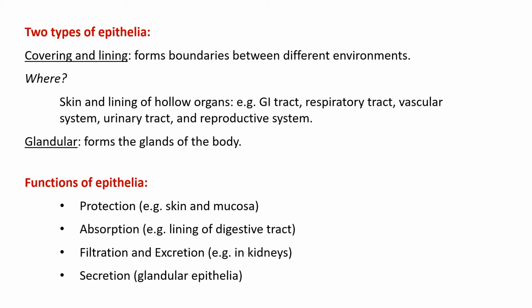A key function of those, of course, is to absorb nutrients from the lumen of the GI tract. Filtration and excretion. So, for example, in the kidneys and the renal tubules. And if we're talking about glandular epithelia, secretion, because the whole point of glands is that they secrete things like hormones.